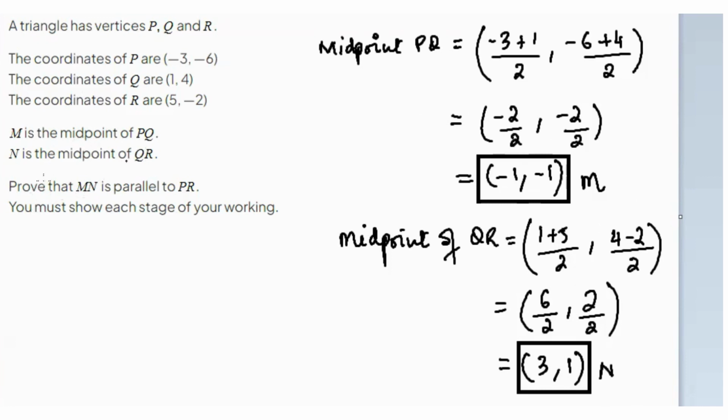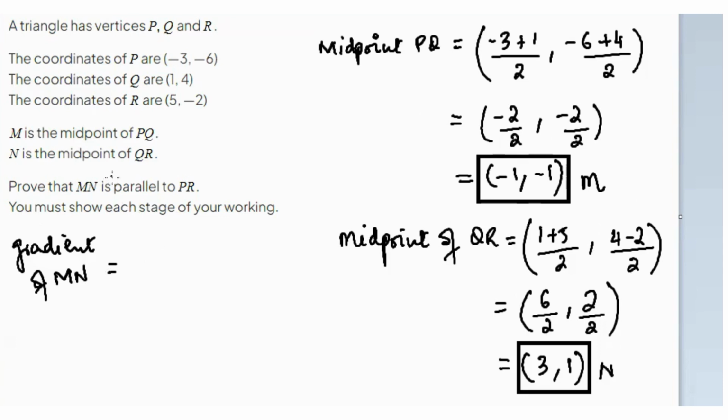Now that we have the coordinates, we have to prove that MN and PR are parallel. Whenever we're trying to prove if two lines are parallel, our focus is going to be on the gradient. Why gradient? Because gradient of parallel lines is always equal. So we find the gradient of MN first.